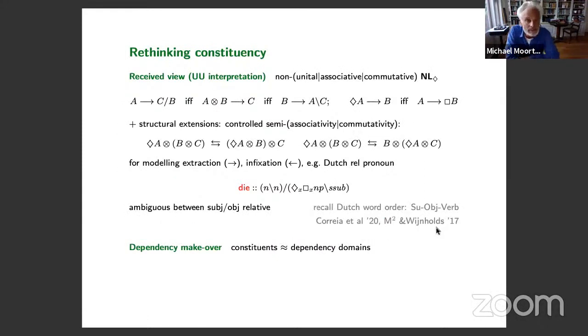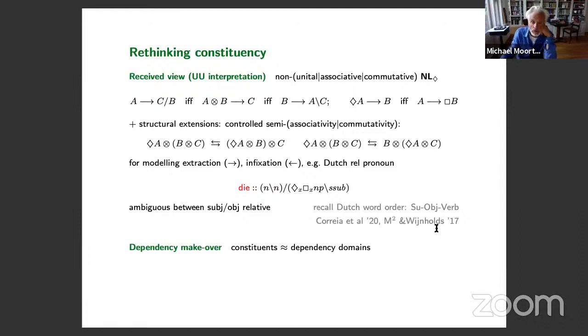Now, the to-do list. What we have to do in the first place is to rethink constituency. Because the standard picture that I started from at the beginning has this doubly residuated tensor and diamond system, plus structural extensions for controlled semi-associativity or semi-commutativities. And they have been used, for example, to model extraction.